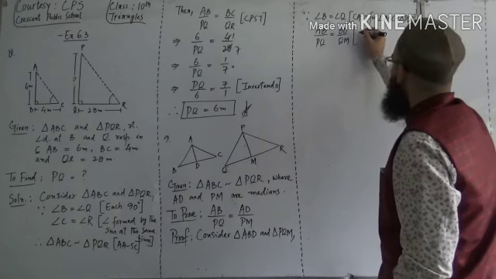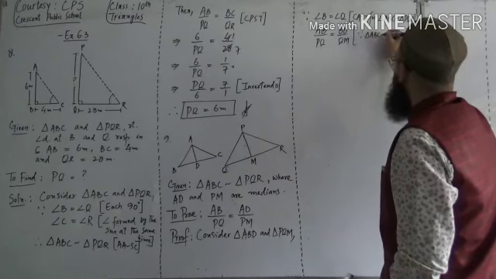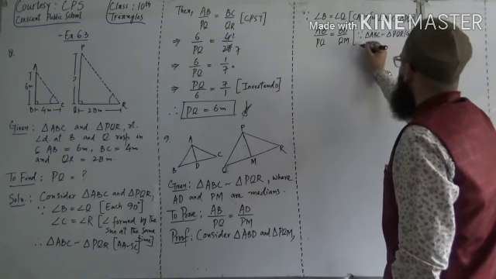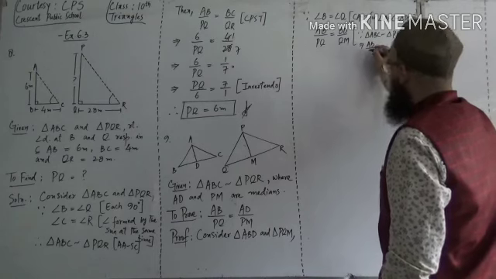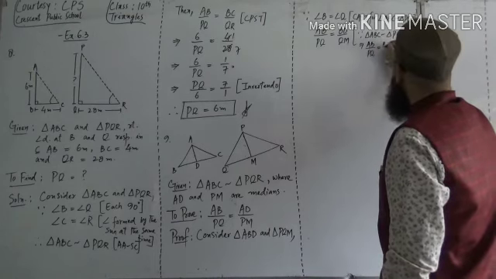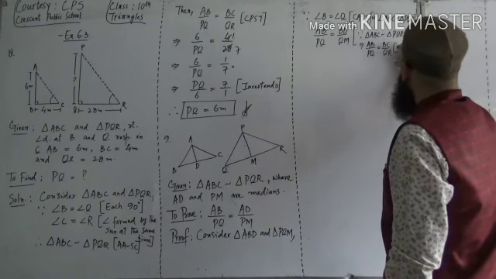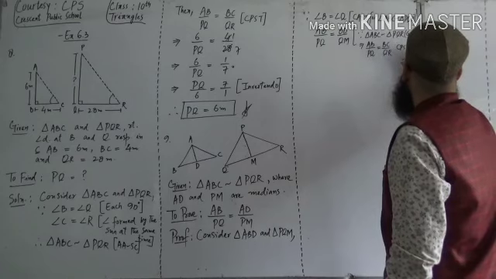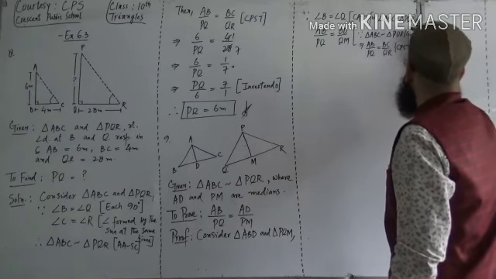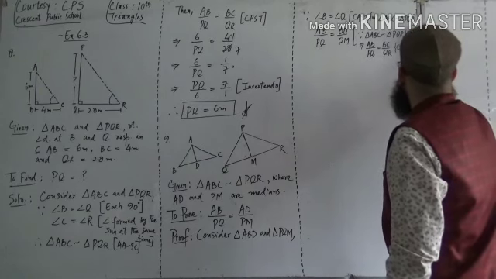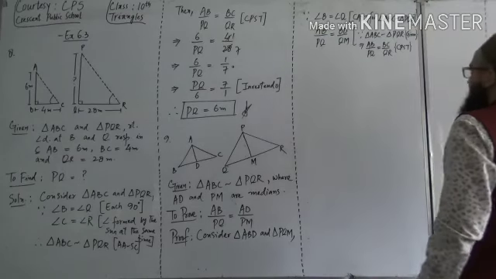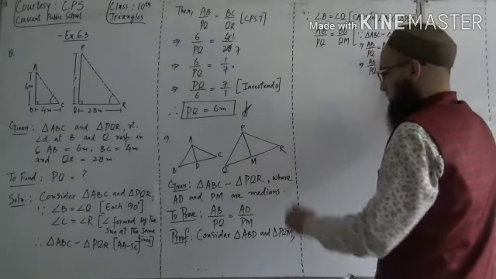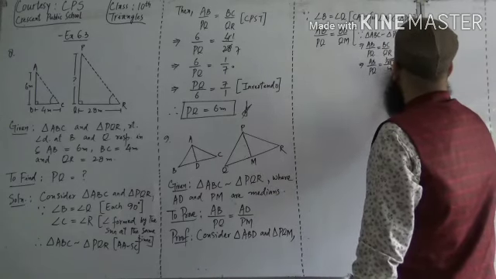I'll write like this: since triangle ABC is similar to triangle PQR, this is given, which implies that AB by PQ is equal to BC by QR, CPST, which implies that you can write AB by PQ is equal to half of BC by half of QR.